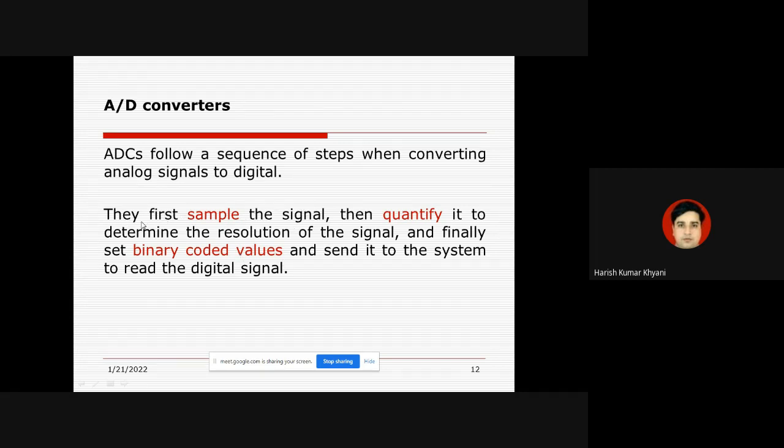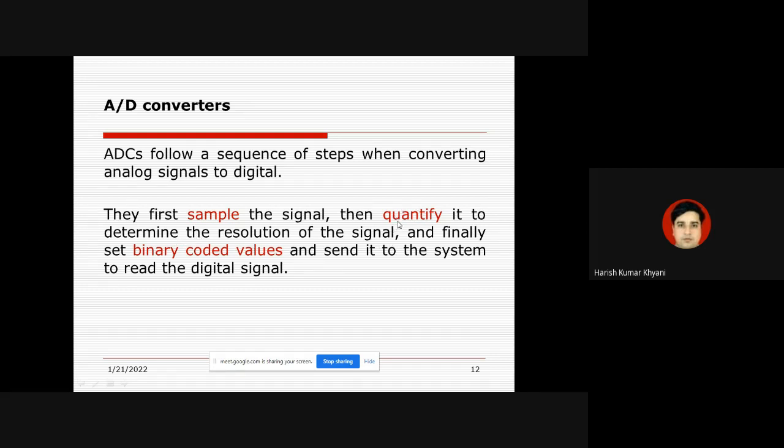The first is sample the signal. Sample the signal means here a process is used that is known as sampling. Then the sampled quantity is quantified to determine the resolution of the signal.